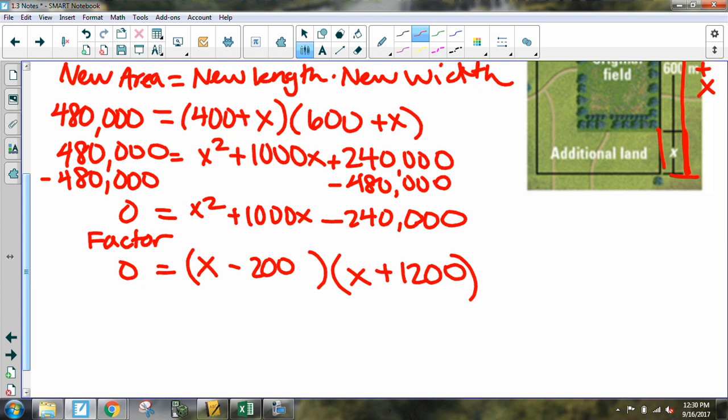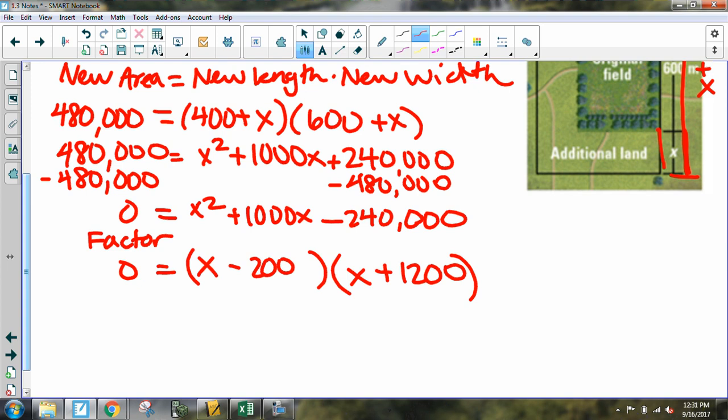So when I multiply 1,200 times negative 200, I get the negative 240,000. And if I add them together, I will get 1,000. So that's how they factor. So again, to make it easier on yourself, try to think of factors that multiply to 24 and add to give you 10. So that's going to simplify that a little bit for you.